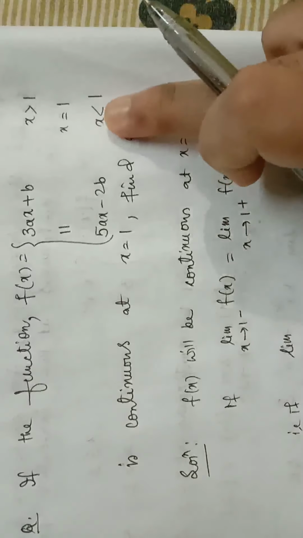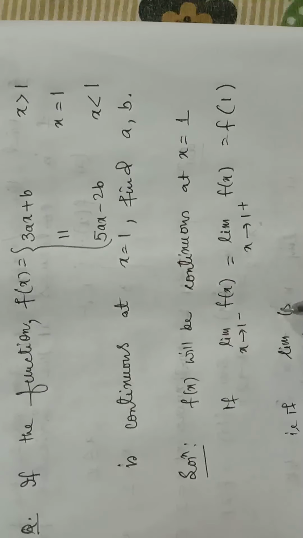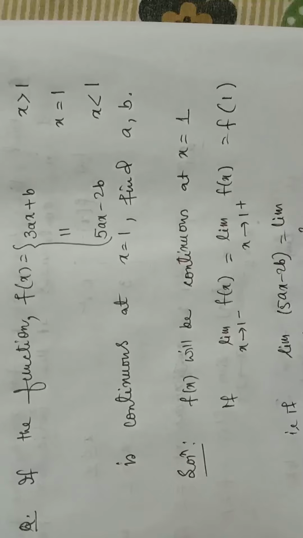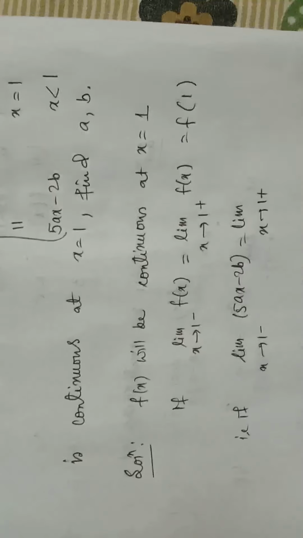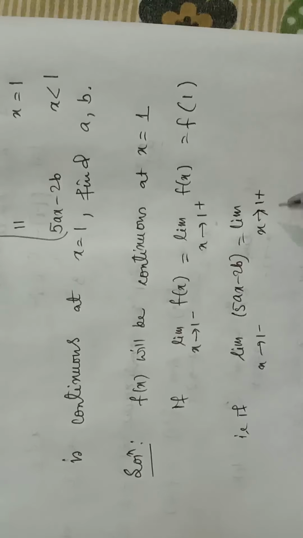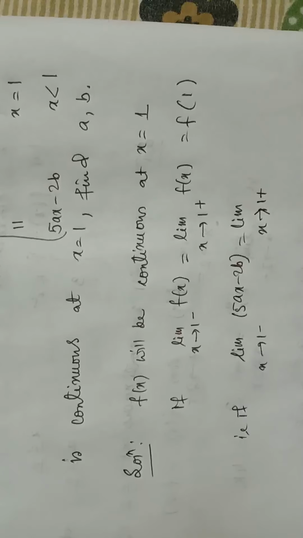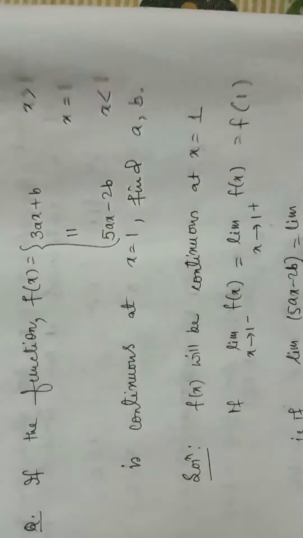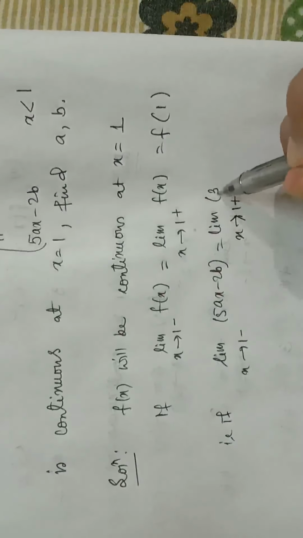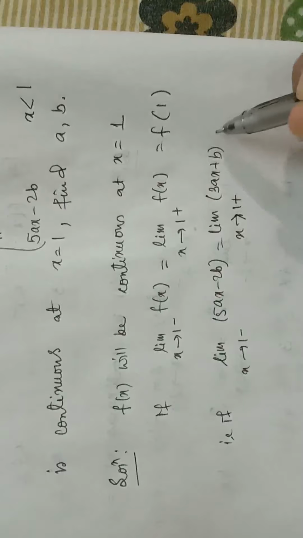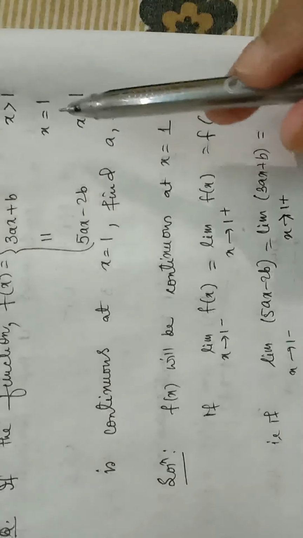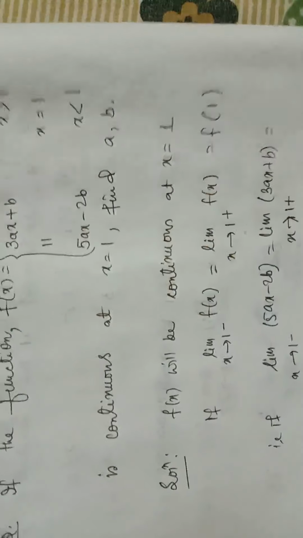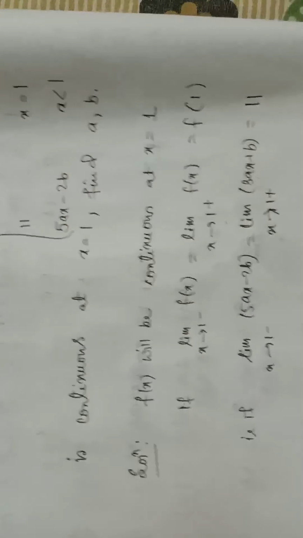When x is less than 1, the value of f(x) is 5ax minus 2b. Limit x tends to 1 plus means x is more than 1. When x is more than 1, f(x) equal to 3ax plus b. And when x equal to 1, the value of f(x) is 11, that is f of 1 equal to 11.